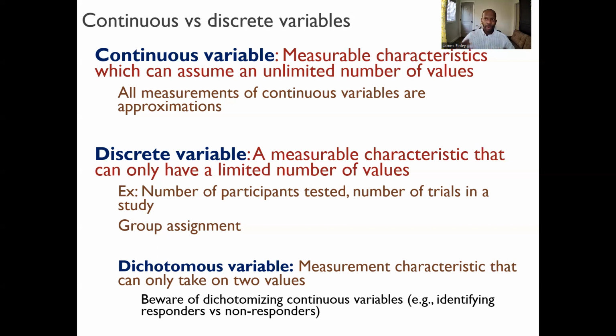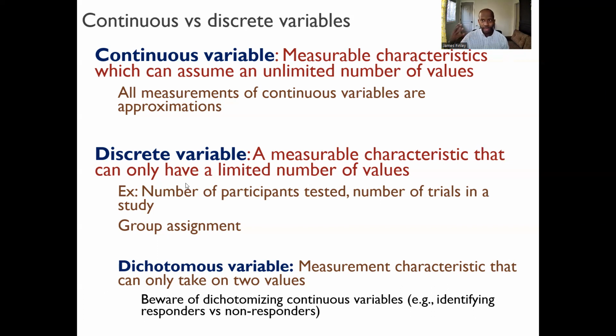I'm happy to talk about that offline, but this is something to keep in mind: is the variable of interest actually discrete, or is it a continuous variable that has been made discrete by perhaps some subjective rationale?